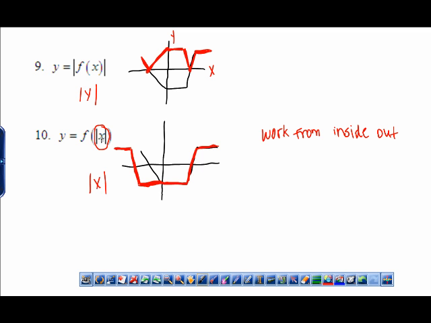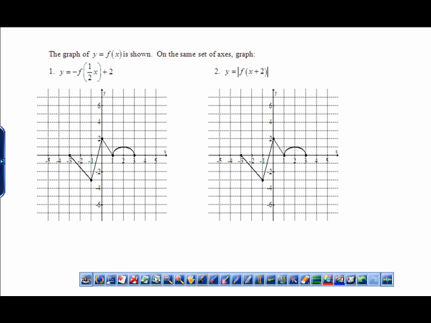The exception is this absolute value. Okay, so let's write this down. The exception would be absolute value of x. This would always be the last thing you do. Okay? All right, so let's do some examples.